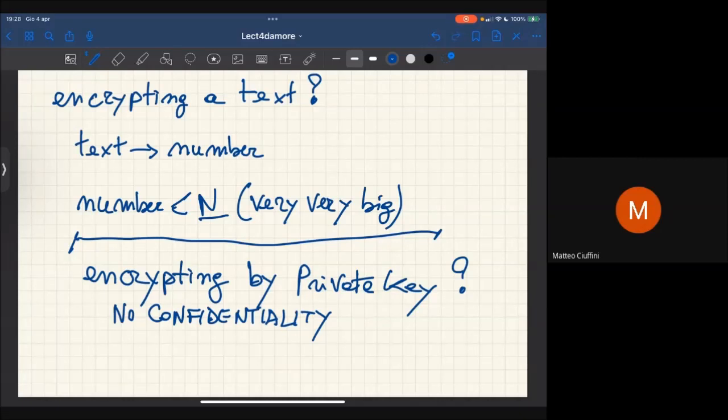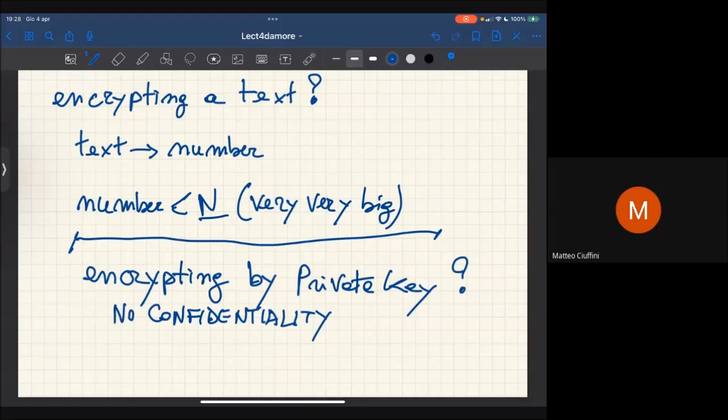But all people that will be decrypting by using the public key will understand that only Alice could be encrypting that information, producing the ciphertext, because only Alice is the owner of the corresponding private key. So still the association between the public key and the private key is very important.